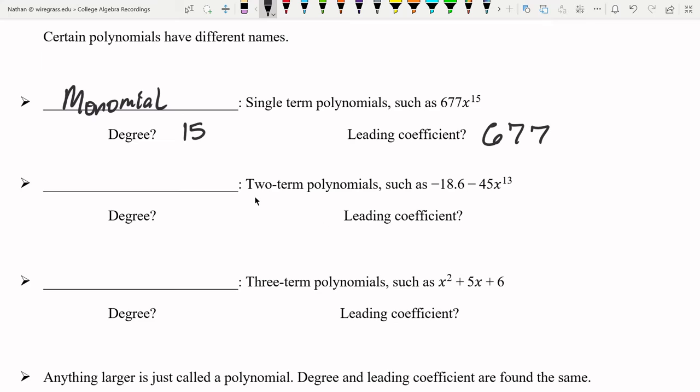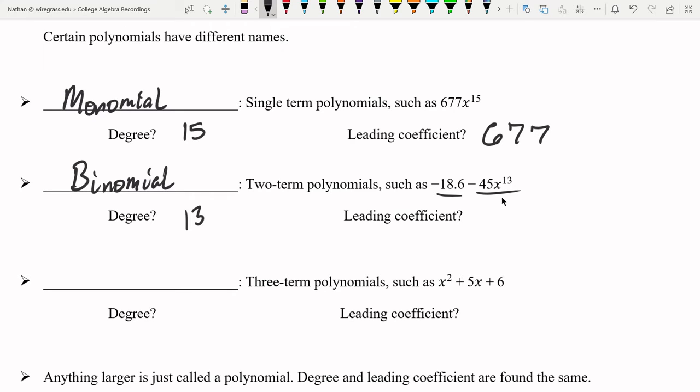Okay, if we have two terms, think of what word we will use for two terms? That's going to be called a binomial. So this one has two terms: negative 18.6 and negative 45x^13. The degree of this is 13. That's the highest power of x. And the leading coefficient is the number in front of that term.